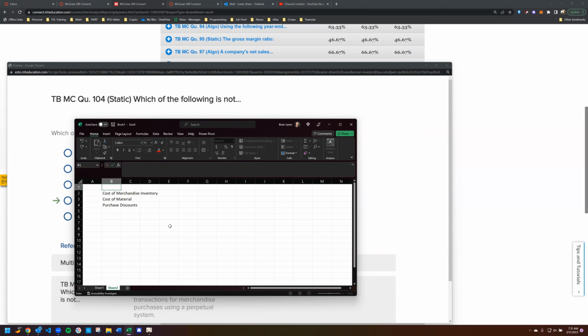Let's maybe look at this on both sides. Sell side, if I'm selling it, I would have purchased it, so it's all the same thing in the end. Let's just ignore that for a second. Cost of purchase discounts, you're going to have allowances, you're going to have returns in here because it's going to reduce the inventory amount.